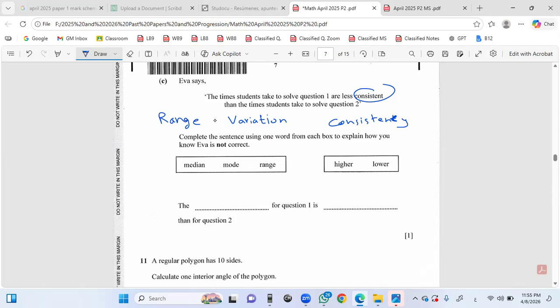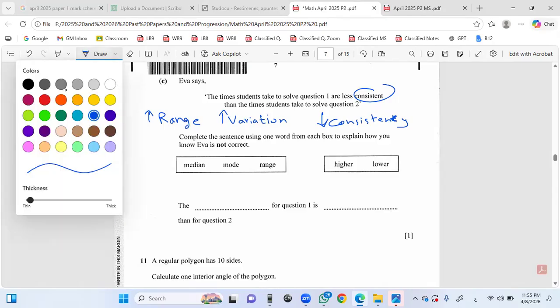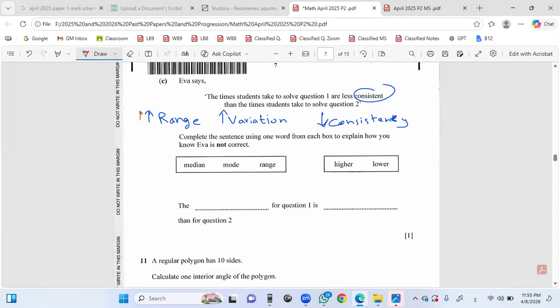So if the range is bigger, then it varies more and it's less consistent. While if the range is smaller, then it varies less and it is more consistent. So if the range is bigger, the variation is more, the consistency is less.